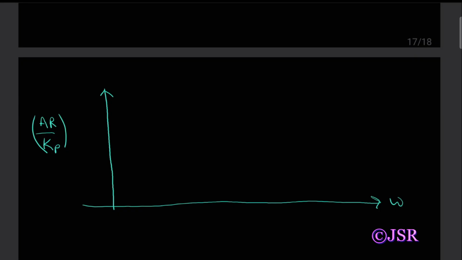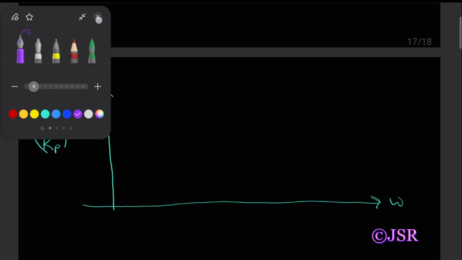Now we can plot the Bode diagram. The x axis will be omega, and the y axis will be the amplitude ratio.